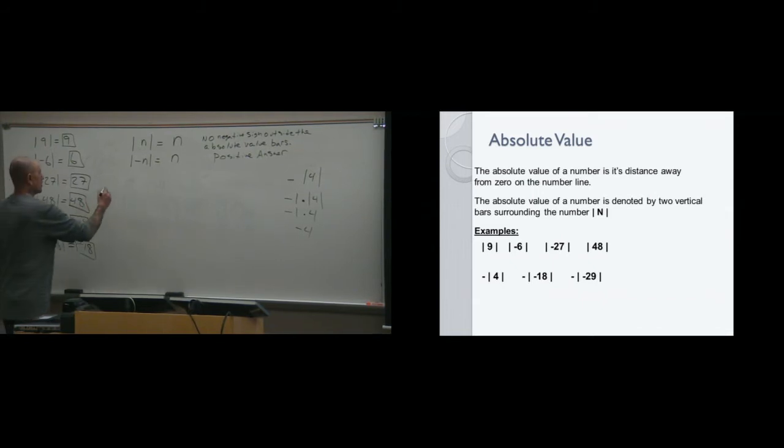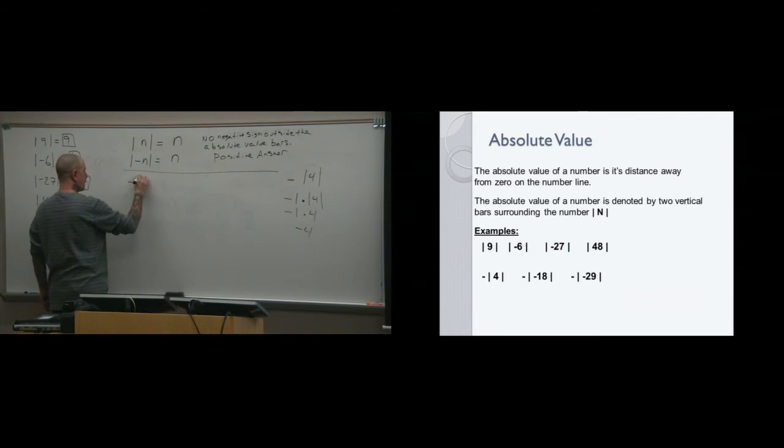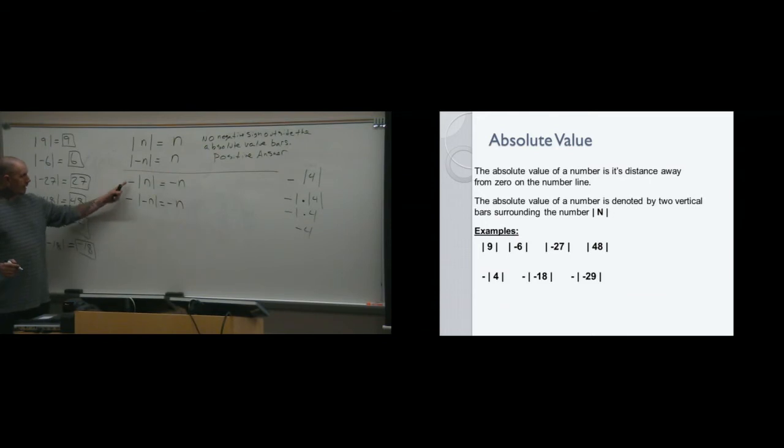So the other possibility is that I could have something like the negative absolute value of n. That's going to give me negative n. Or the negative absolute value of negative n, which is still going to give me negative n. So if there is a negative sign on the outside of the absolute value bars, then I'm going to get a negative answer.